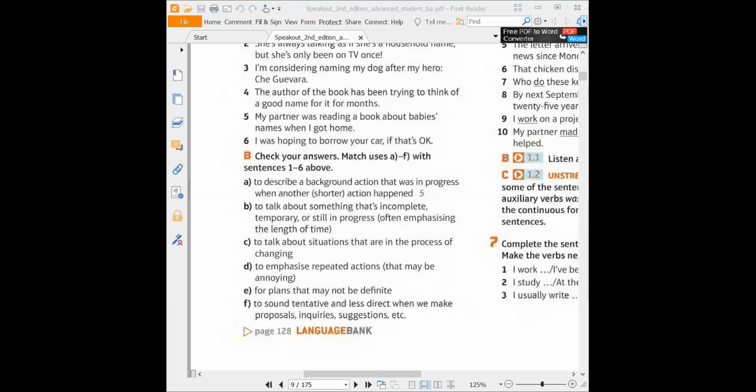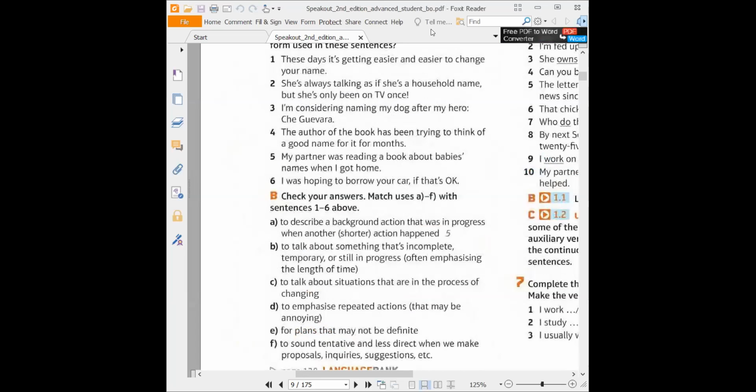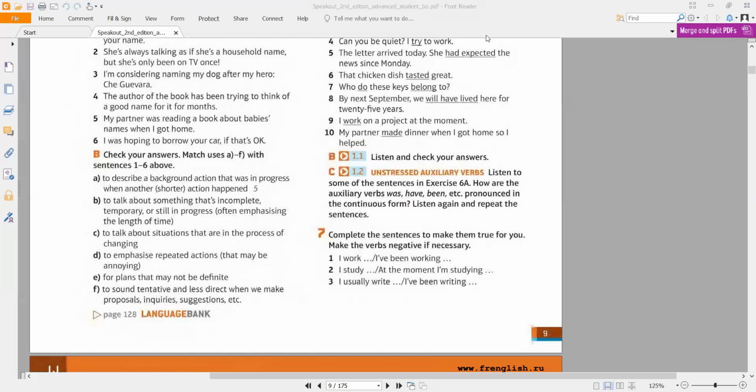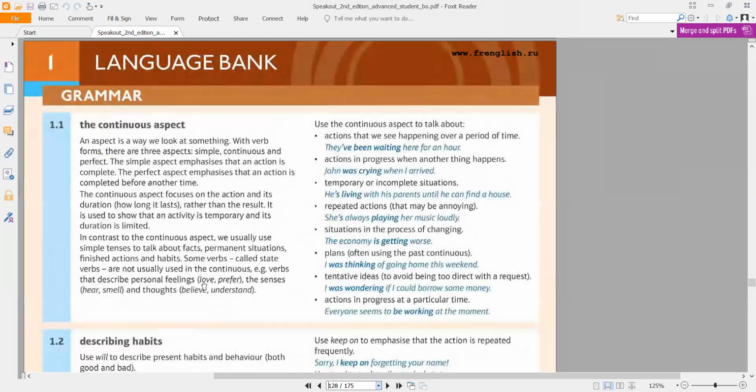Now let's move on to the language bank. I know you don't have the book, so I will move for you. Just let me check which page. It's page 128. Grammar. Okay.